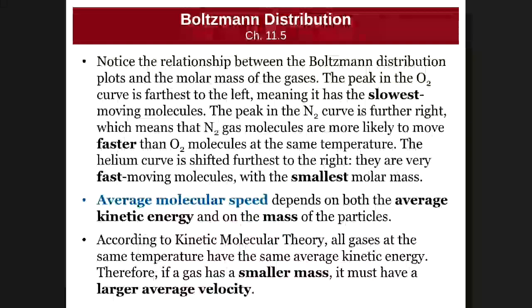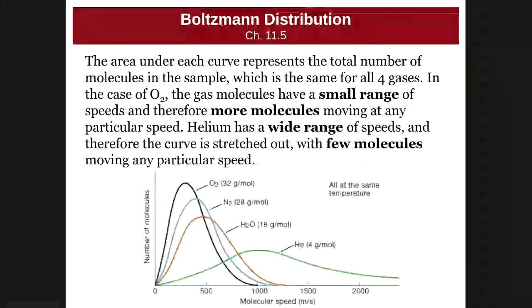So if we take a look at that again, the peak for nitrogen is here, and the peak for oxygen is here. So the more likely amount of nitrogen molecules is going to be moving faster than the more likely amount of oxygen molecules.